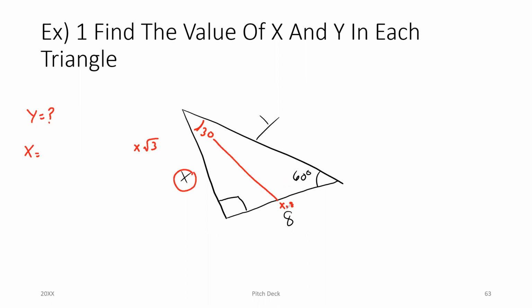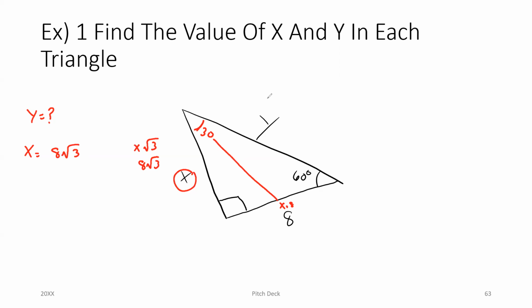So we say that our x, or this one of the smallest leg, is 8. So it's going to be x radical 3. So this leg, or the leg of the 60 degrees, is 8 radical 3. Now, how do you find y?